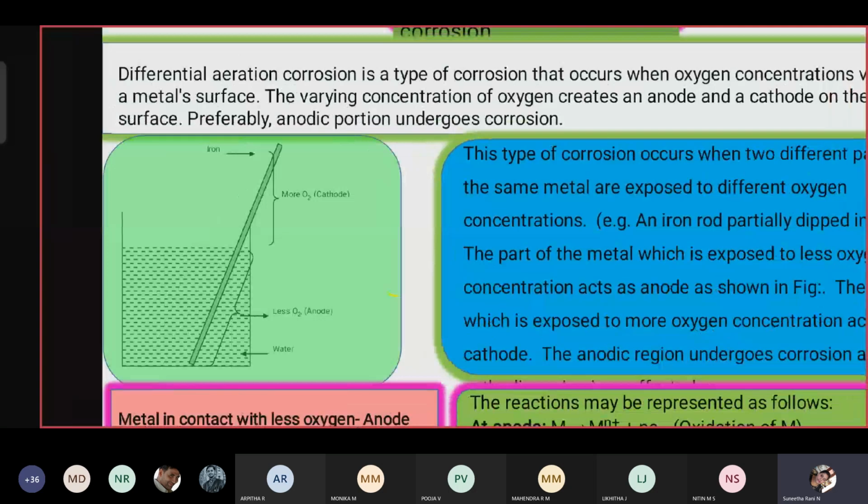So this type of differential aeration corrosion occurs when different parts of the same metal are exposed to different oxygen concentrations. The part which is more exposed to the air acts as cathode, and the part which is not exposed to the air and is in the medium acts as an anode.